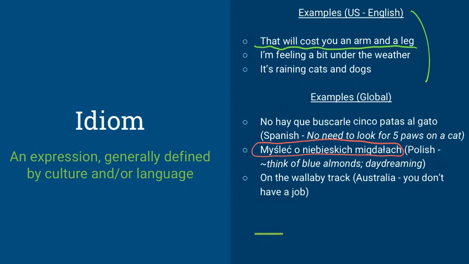This is all unique to Australian English, and if I was walking in the street and said on the Wallaby track, I don't think many American English speakers would be able to pick up exactly what I'm talking about, because it's an idiom that was lost, because idioms are generally defined by culture and or language. Doesn't have to be either one.